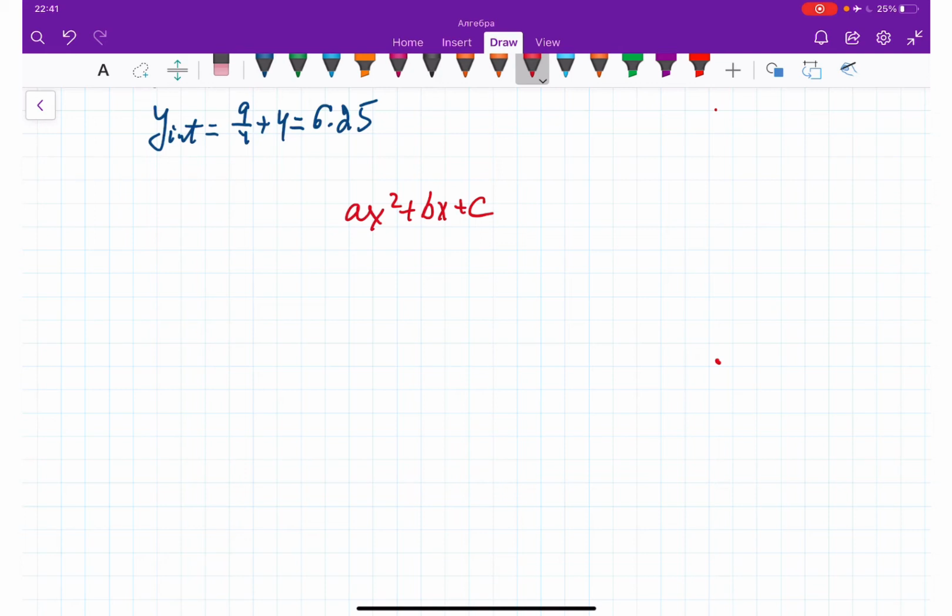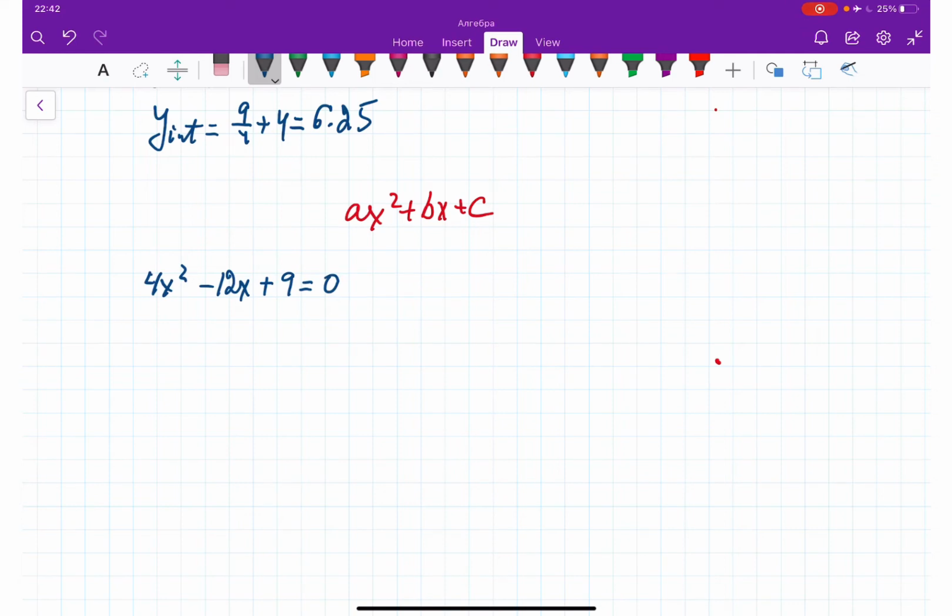All right, let's write down 4x squared minus 12x plus 9 is equal to 0.